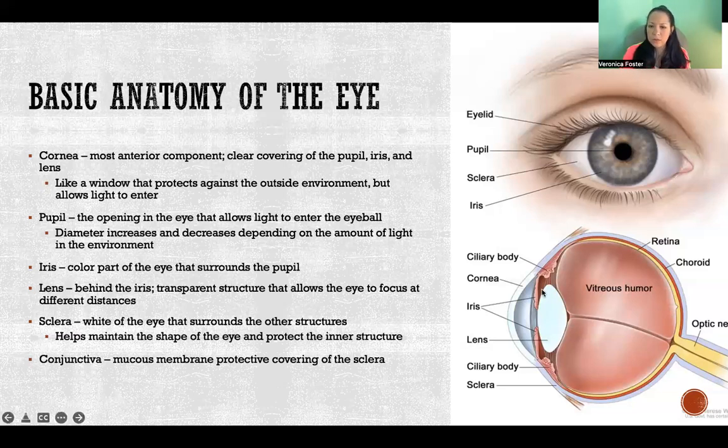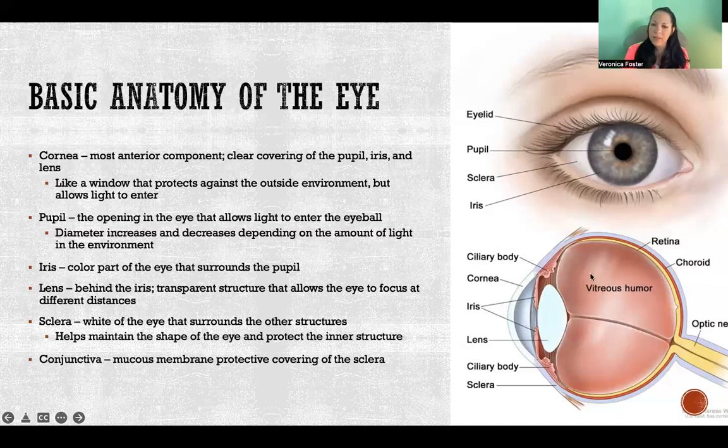So that's what the lens is doing inside of the eyeball. It's changing in shape, essentially. It kind of gets squished and it gets stretched out and it changes in shape to help to focus on different things that we're looking at based on whether they are up close or further away, so that it can create a focused image on the retina and the posterior wall of the eyeball.